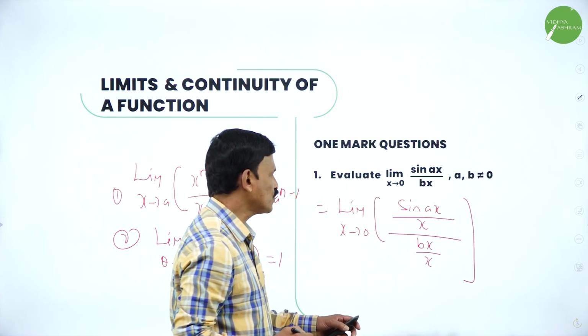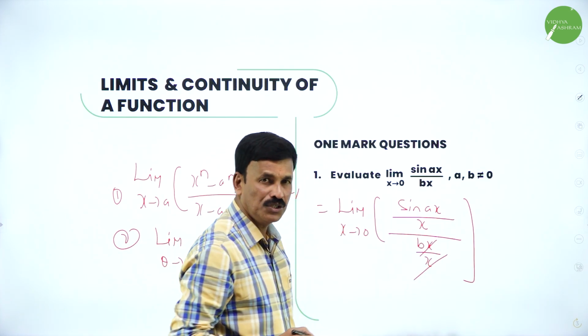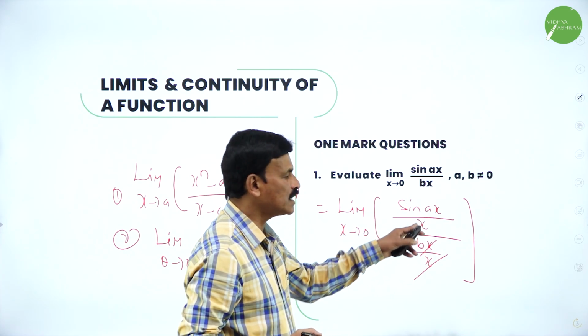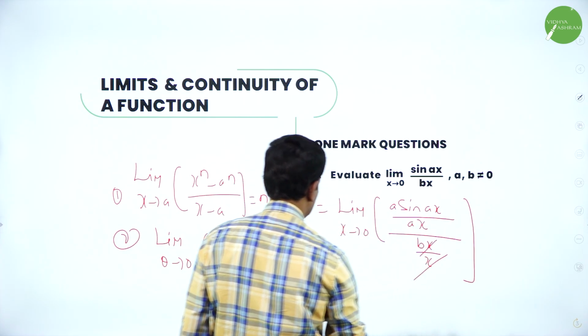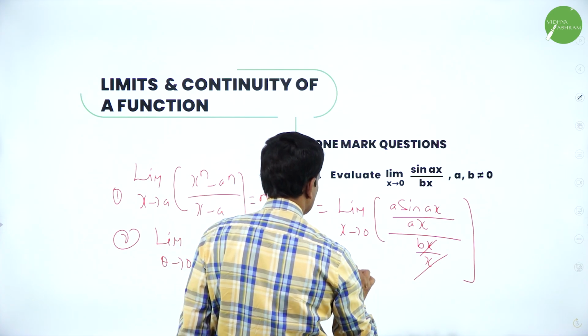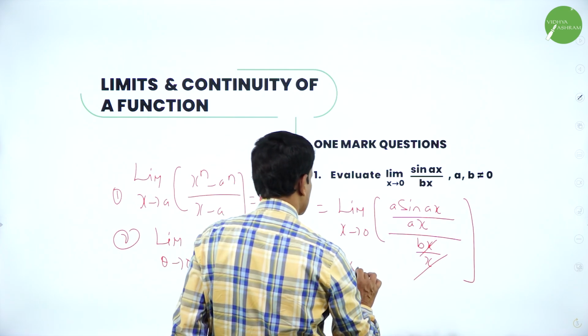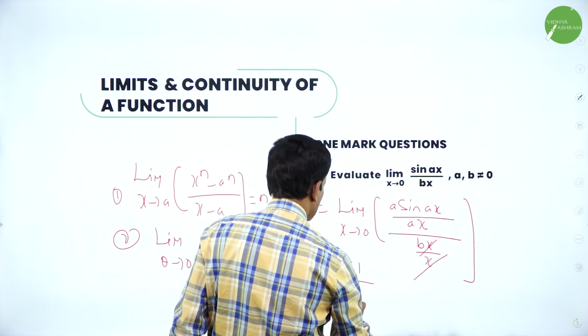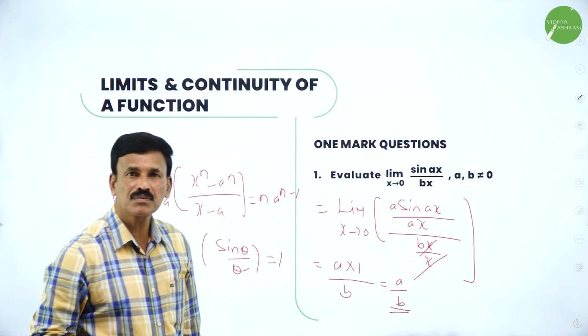Now, if you observe carefully here, this x and x gets cancelled. In the numerator, this is sin AX by x. Now, just multiply and divide by a in the numerator. So, this is equal to a into, if you apply the limit x tends to 0 of sin AX by AX is 1, divided by b. A into 1 is a divided by b. A by b is the simplified answer.